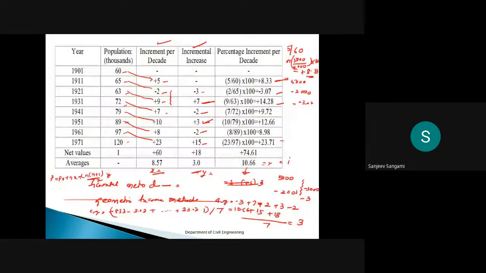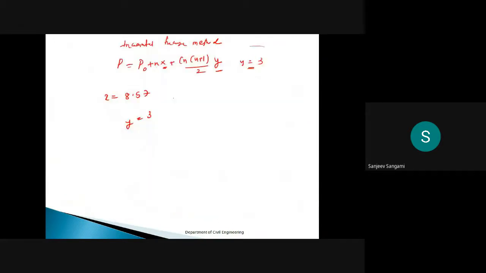So then for the first case, if you want to calculate P at 1981 using the incremental increase method, P naught plus n x plus n into n plus 1 divided by 2 into y. So P naught, that is 120, the last known, then n will be 1. I am considering n equal to 1 because 1971 to 1981 is one decade, that is 10 years.